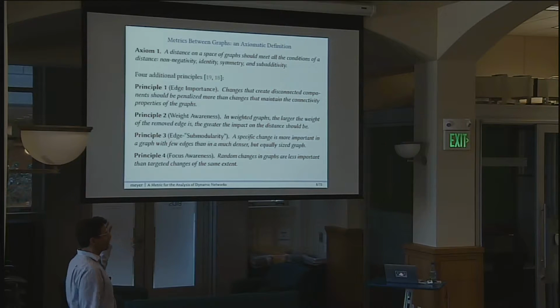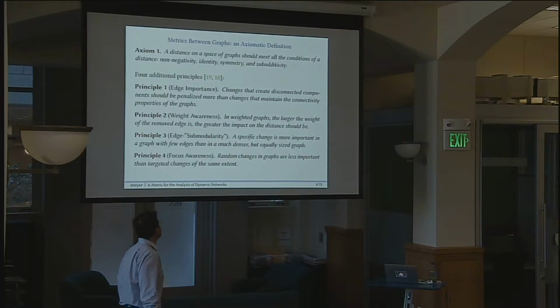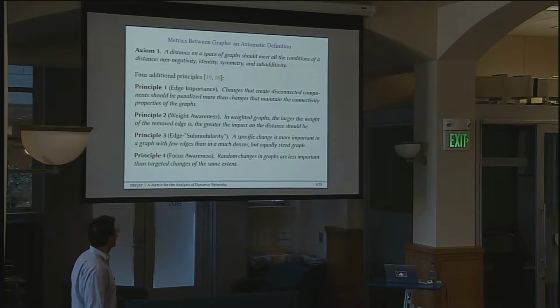That could be something that has to do with internet traffic, or with the communication between two nodes. So if there's a strong, large weight, and that edge is modified, the corresponding weight is modified, then we should see that being reflected in the distance. Okay? So these are sort of reasonable choices.